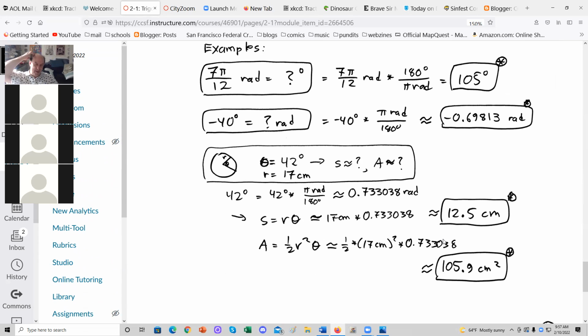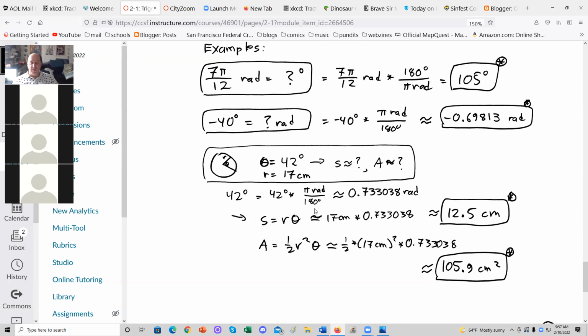All right. Here we have a circular sector. The angle is 42 degrees. The radius is 17 centimeters. What's S? The arc length of the sector. What's A? The area of the sector. Okay. As before, we must convert 42 degrees to radians. So take 42 degrees and multiply it by radians per degree, so the degrees will cancel.